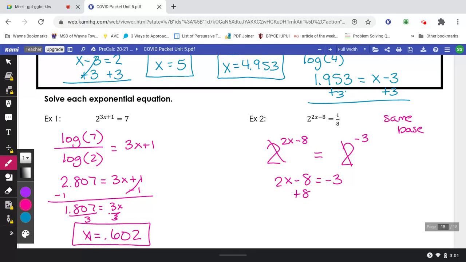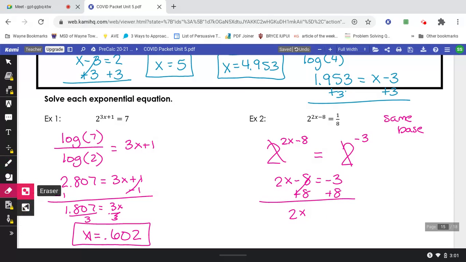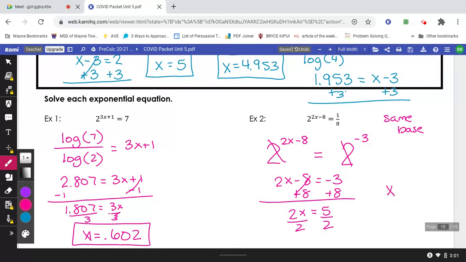And solve from there, add 8, and divide by 2. You can leave your answer as 5/2, or if you'd rather turn it into a decimal, 2.5 is fine as well.